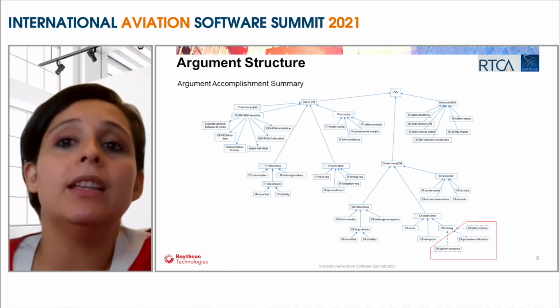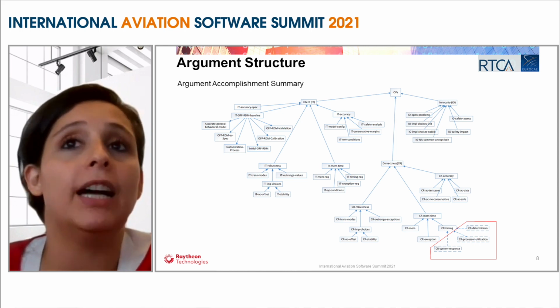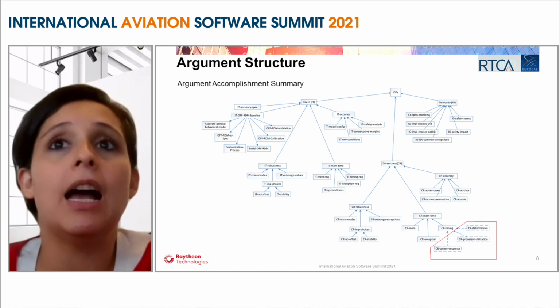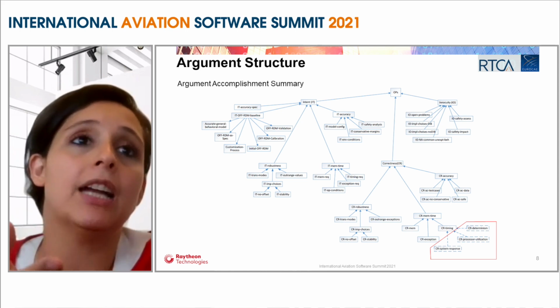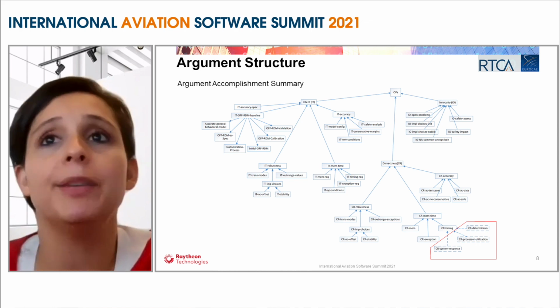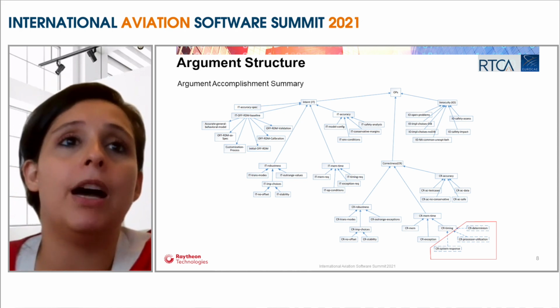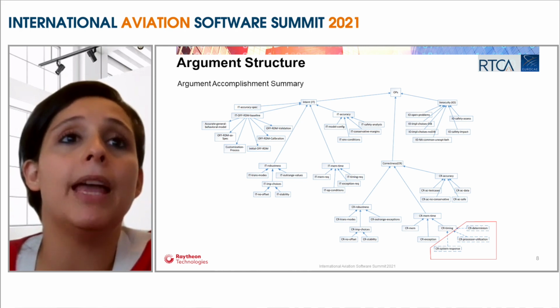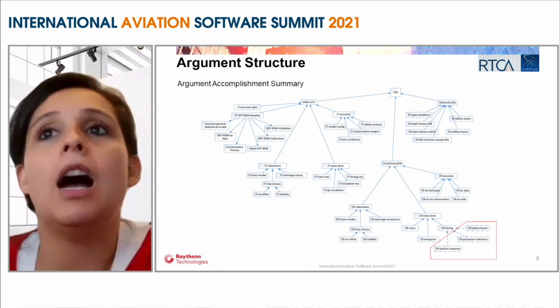So here in these slides, we are showing the entire argument, the one that we actually tie to the SAS, and that will be the argument accomplishment summary. And here we discuss the part of intent and Innocuity, as you can see here.